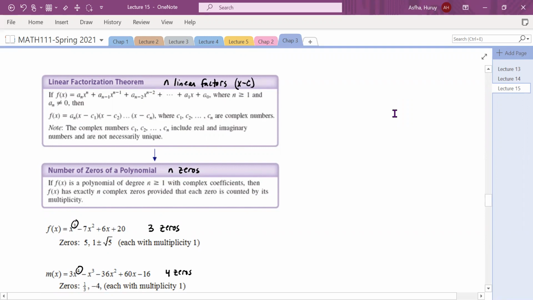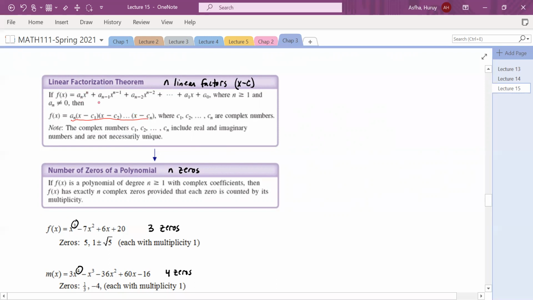And the linear factorization theorem: if we consider this polynomial f of x, where n is greater than or equal to 1, the degree is greater or equal to 1, and the leading coefficient is not 0, then f of x can be written in this form: a_n times x minus c1 times x minus c2 and so on up to x minus cn.